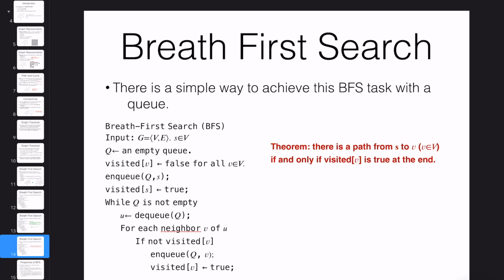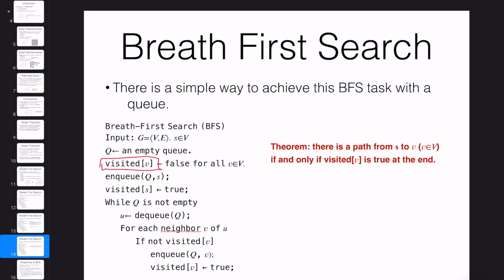There are very nice properties of the breadth first search algorithm. You can say that after you run the BFS, the array visited is going to tell me something. If there is a connection between S and any node, all those nodes are going to be marked as visited.